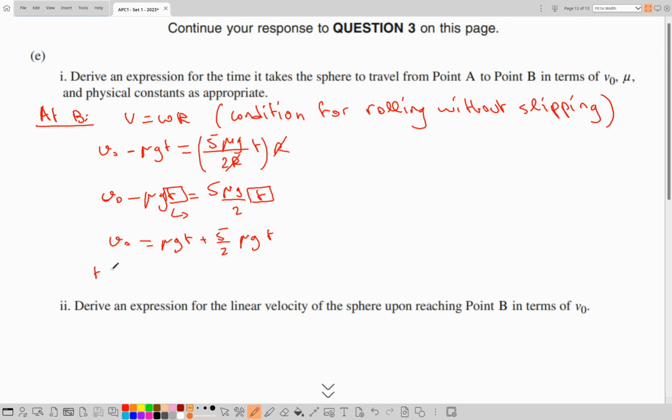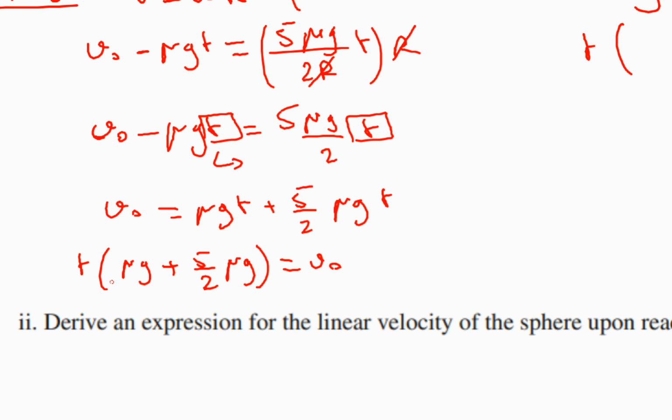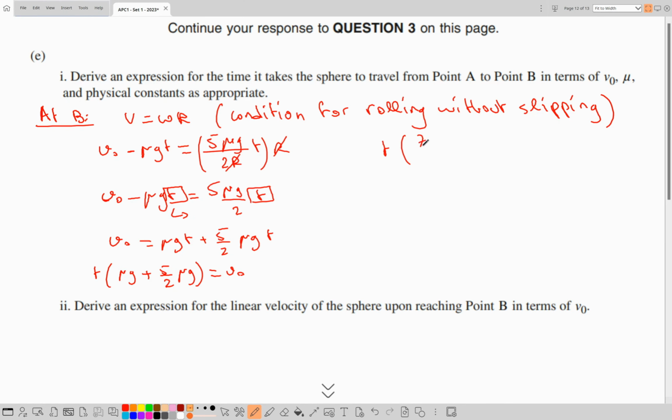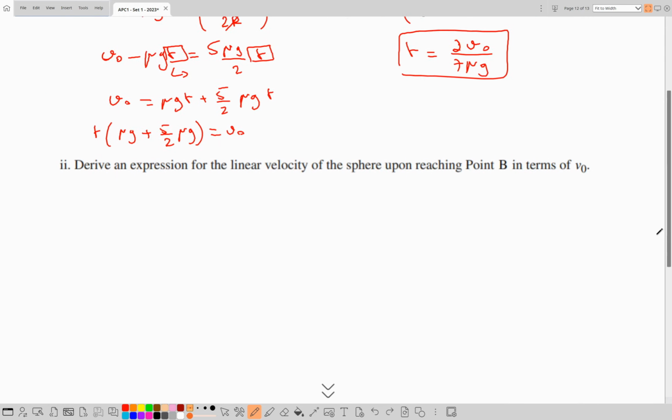Factoring out t, that would be t into mu g plus 5/2 mu g equals v0. Taking the common denominator, that would be 7/2 mu g t is equal to v0. In this case t is given by 2 v0 divided by 7 mu g. Then indeed it's expressed in terms of v0, mu and physical constants as appropriate.